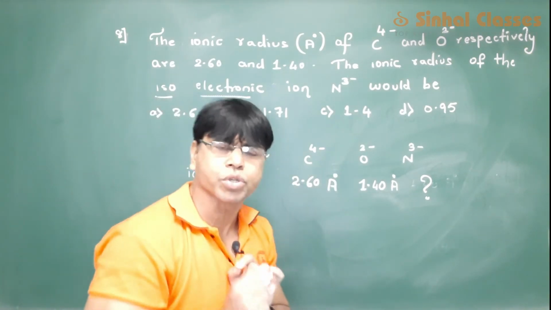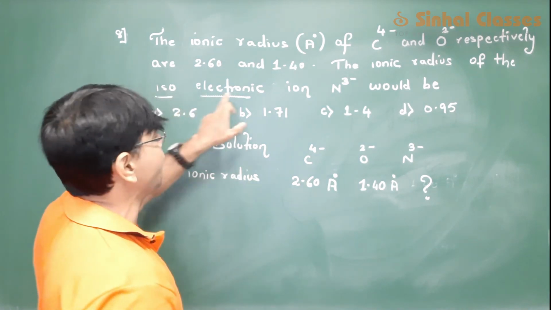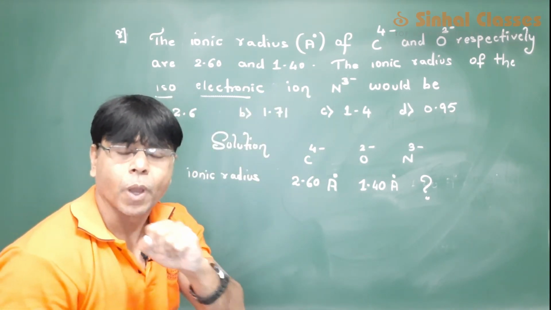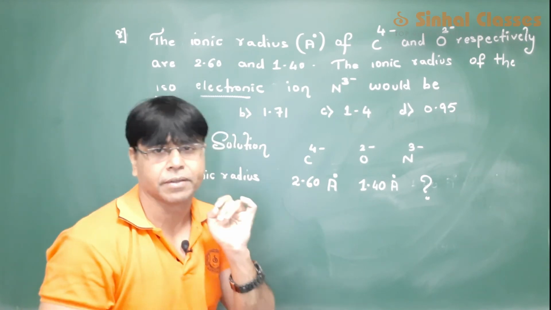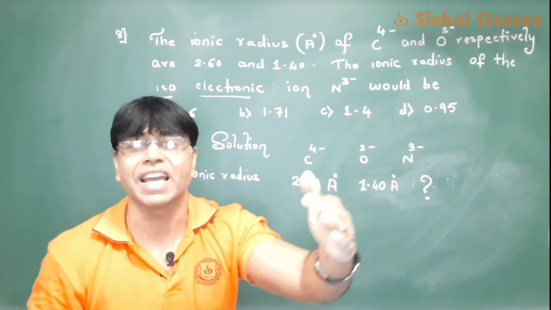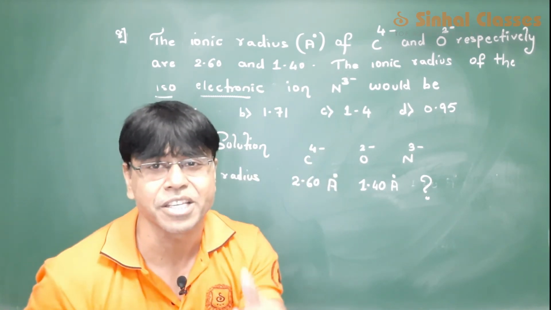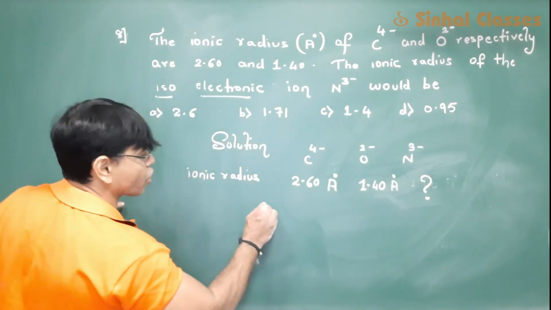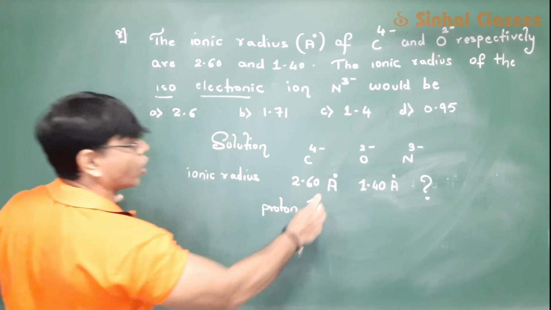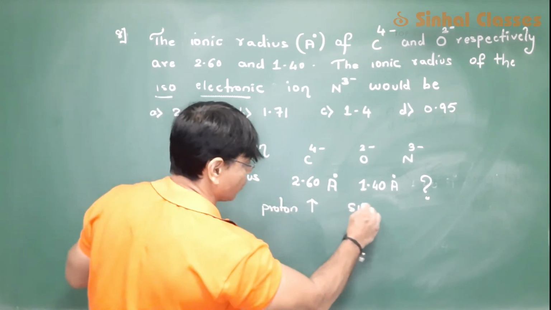Previously, in the previous question, we have come across isoelectronic ions. In that, what did I say? With the increase in proton, that is atomic number, the size decreases. So as the proton increases, the size will decrease.